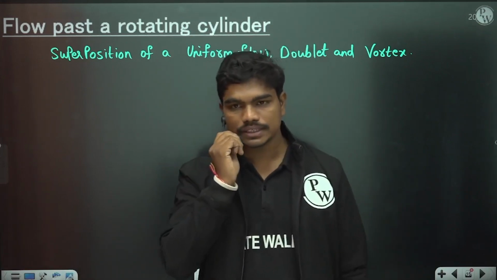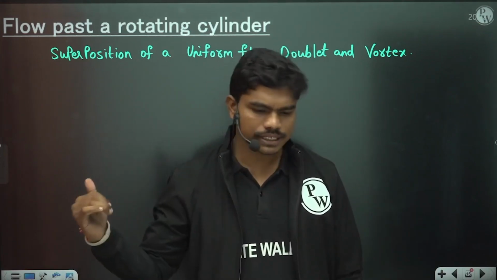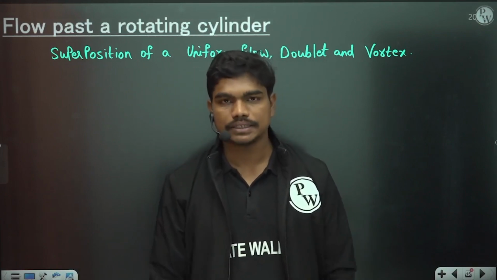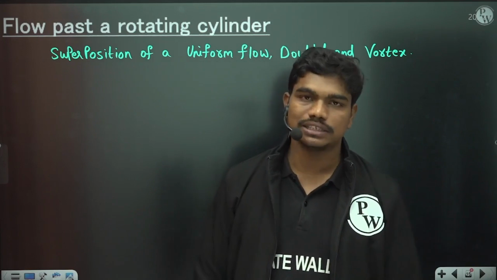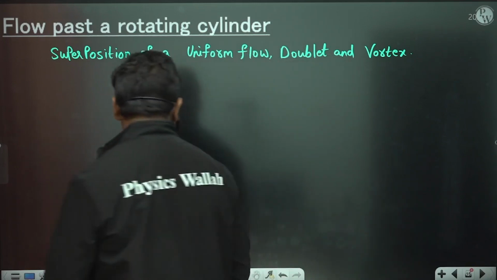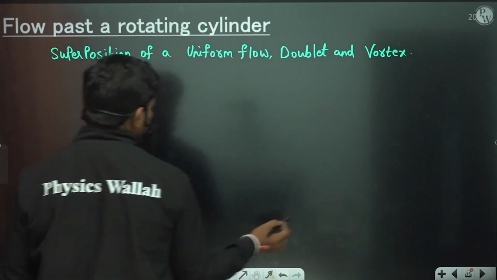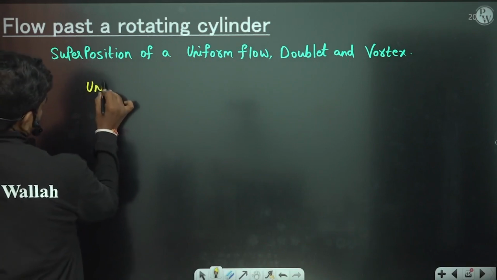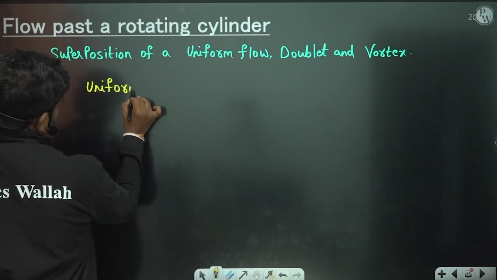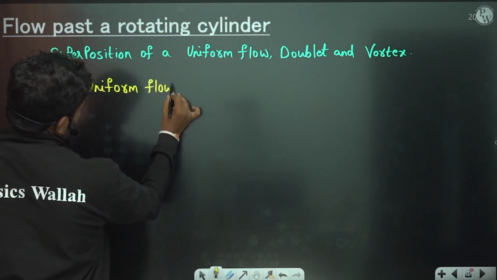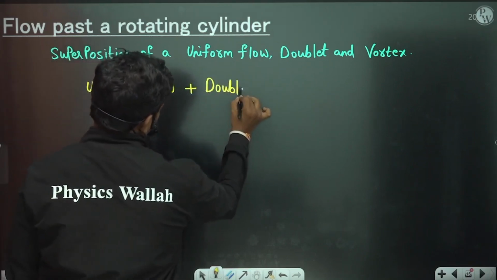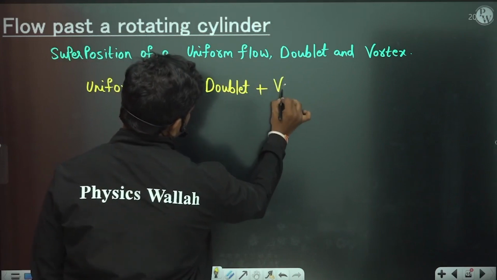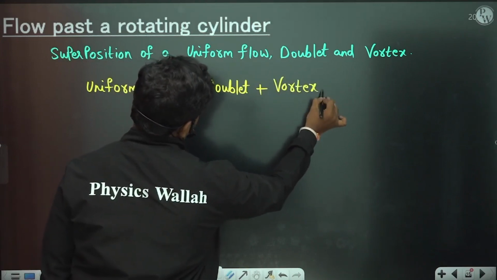Whenever the cylinder is rotating and there is some flow on it, what happens? What are the different things, like velocity, pressure distribution, lift generation? So see here, basically uniform flow plus doublet plus vortex.